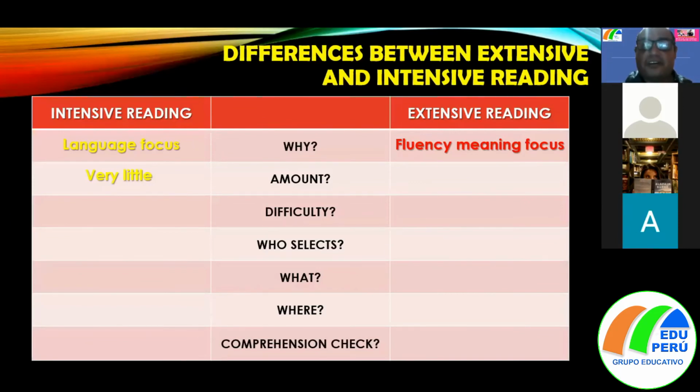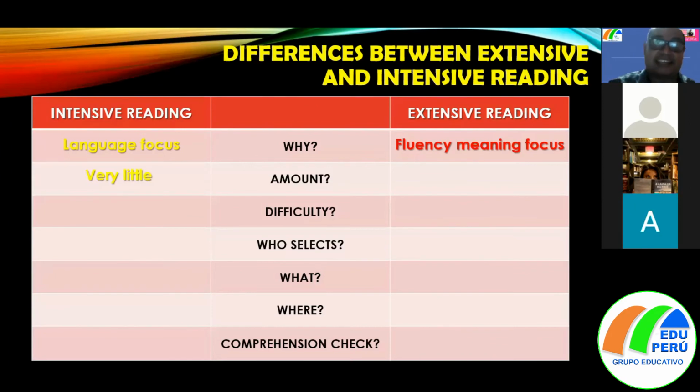In extensive, all the books they want, and in intensive reading, just a few books. Short texts, selectively, 15 pages, 30 pages, books of 15 pages or 30 pages.